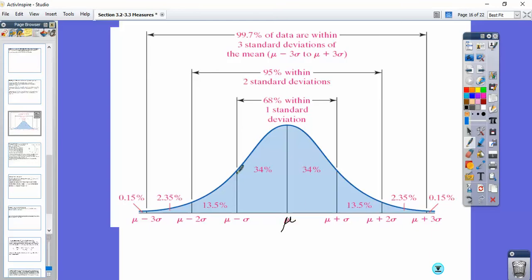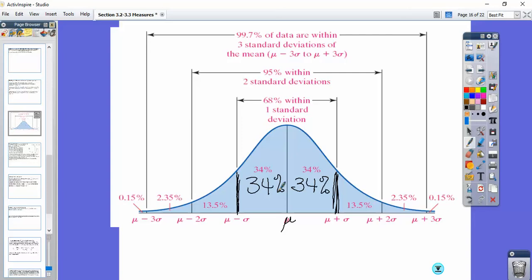If 68% fall within one standard deviation, between here and here, that window has 68%. Since the mean is the center, if you divide that 68% in half, that means 34% of the values are on each side.